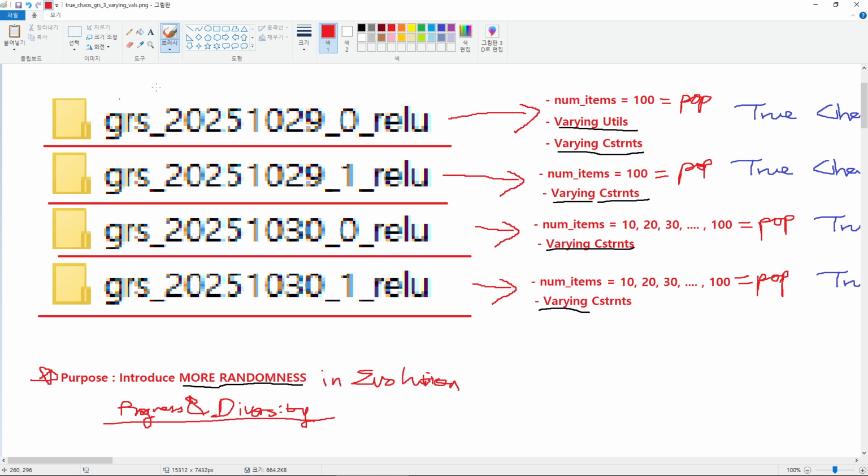So first of all, this is GRS as in grid search, 2025 October 29th, the 0th one, using the ReLU-like method for choosing the entities to learn from.